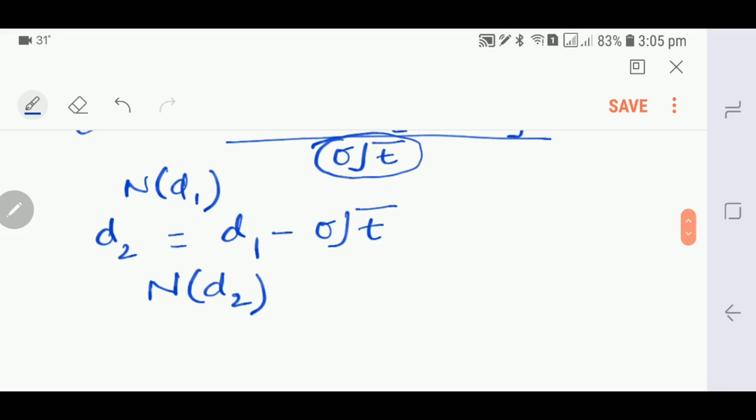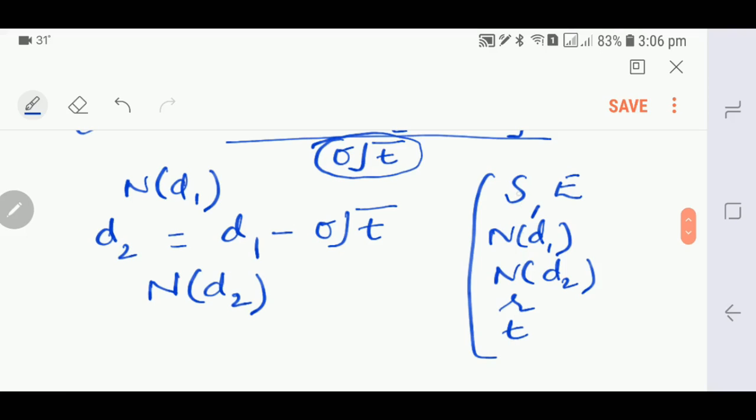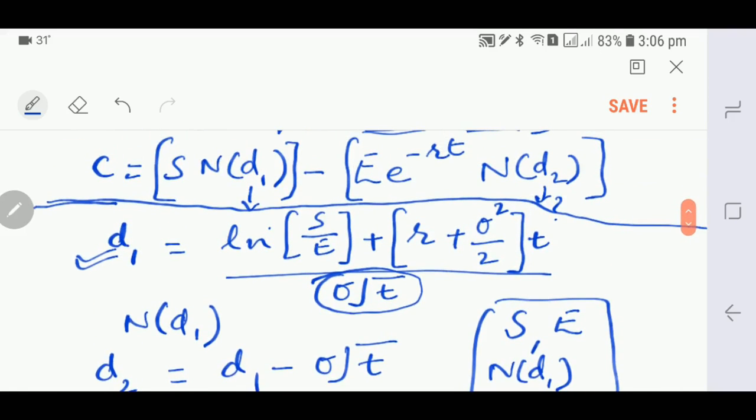So then you will know the stock price, you will know the exercise price, you will know n of D1, you will know n of D2, you will know what is the risk-free rate, you will know what is the time, and all these things will allow you to find out the value of the call option, because remember, the value of a call option is equal to S times n of D1 minus the present value of the exercise price here multiplied by n of D2.